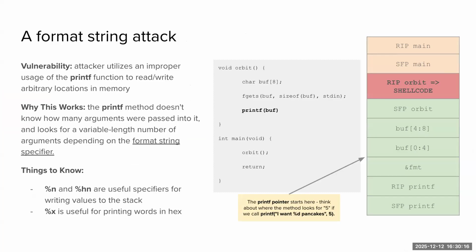A format string vulnerability is when we have a print statement, and usually the first argument of the print statement is a little bit special, right? That first argument allows us to set how we want to print the rest of the arguments that we pass in.